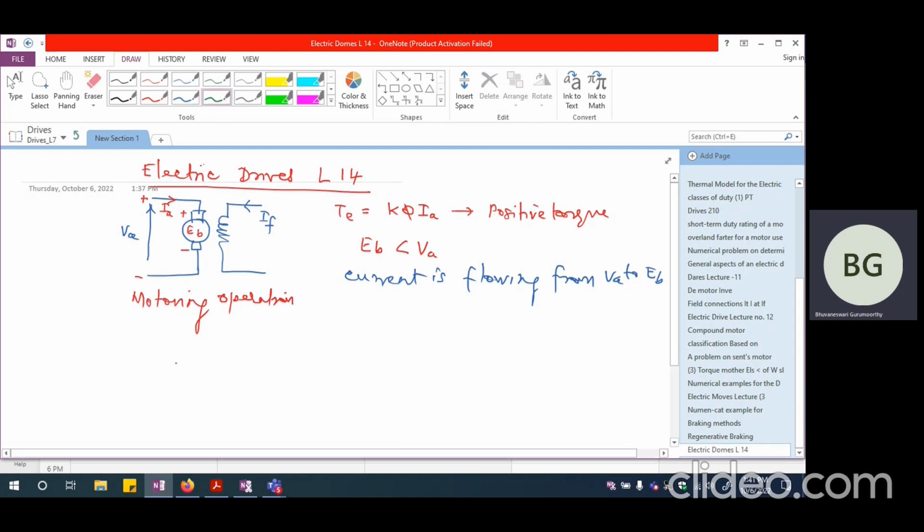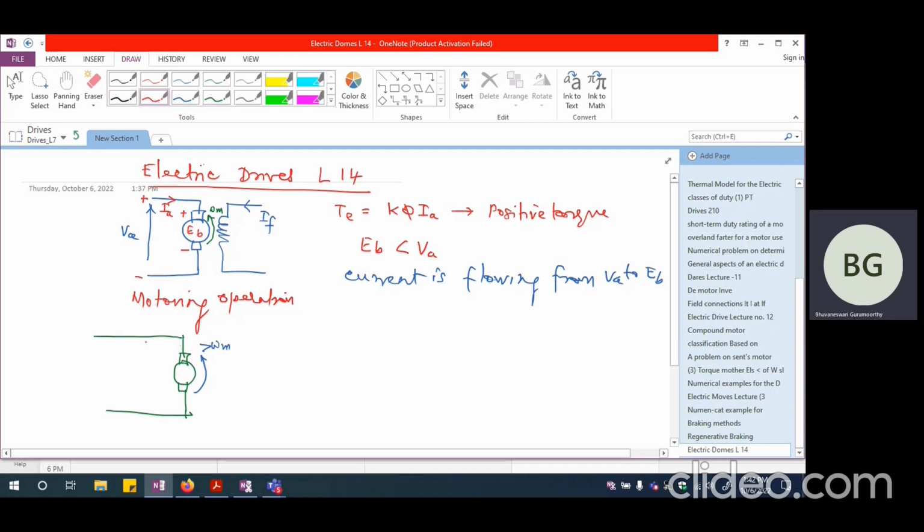Whereas if we are talking about regeneration, let's say EB becomes greater than VA. EB can become greater than VA only if, at a constant excitation, the speed is increasing. Previously, the speed was probably something like omega m, whereas now the speed is going to be much higher than omega m.